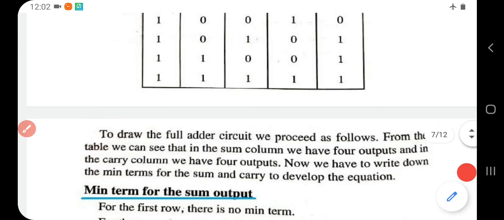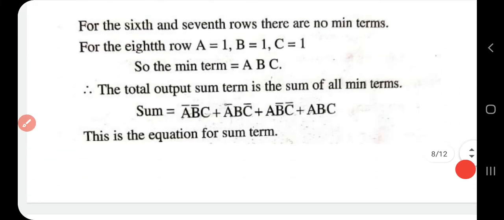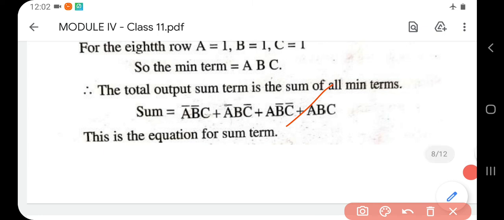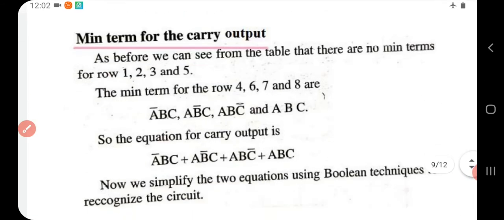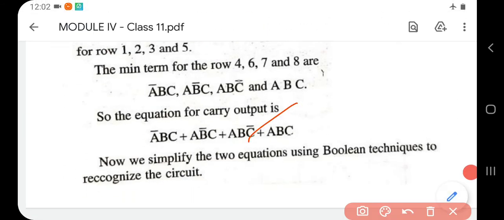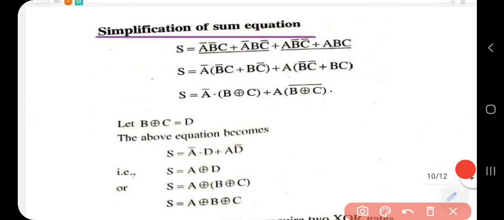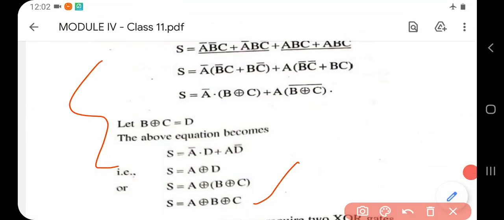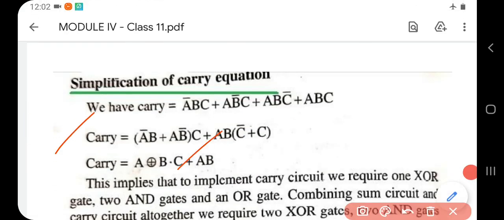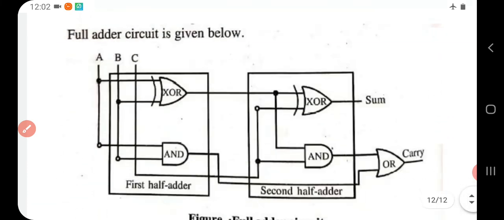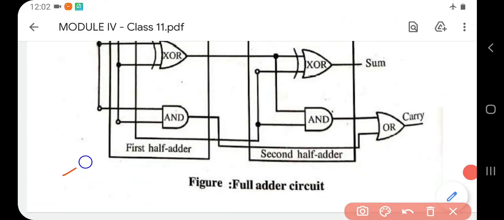And after that, you have to write the lengthy expression for sum, and finally the lengthy expression for carry. And then you have to show the simplification, that is how to simplify the sum equation to this, and also how to simplify the carry equation to this, and finally draw the circuit diagram or the figure of this full adder.